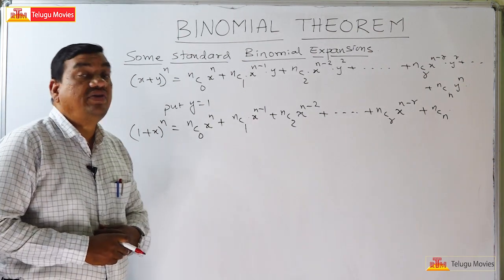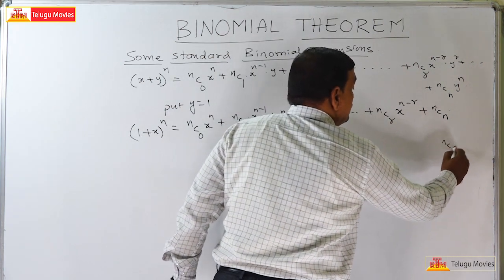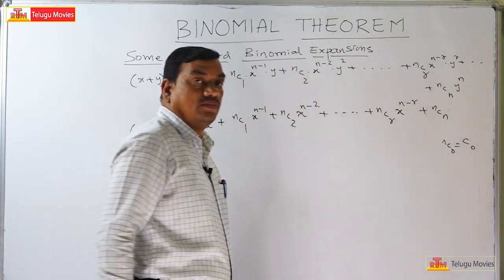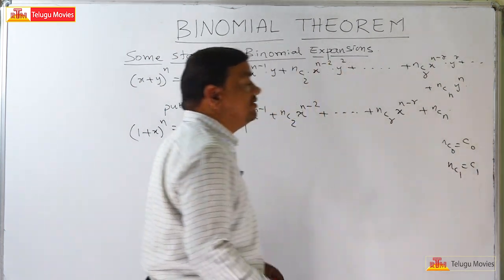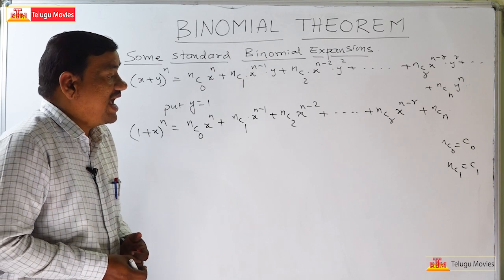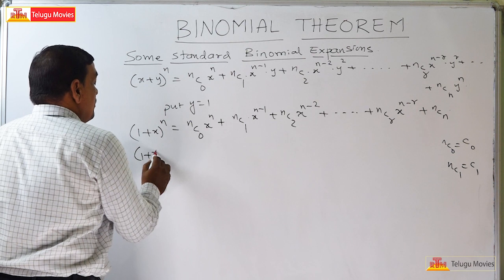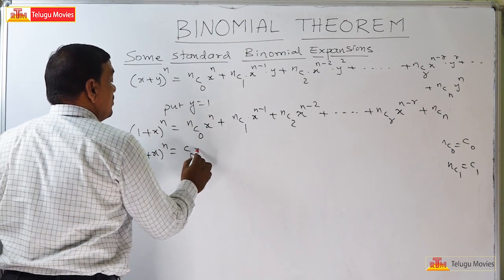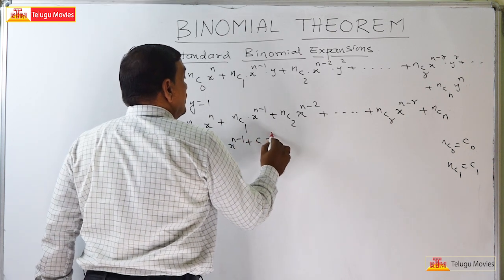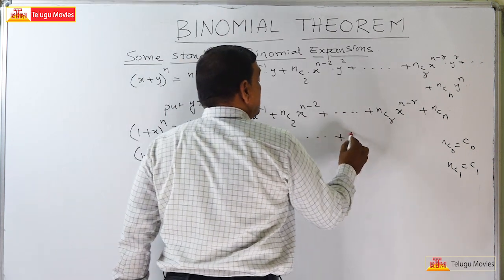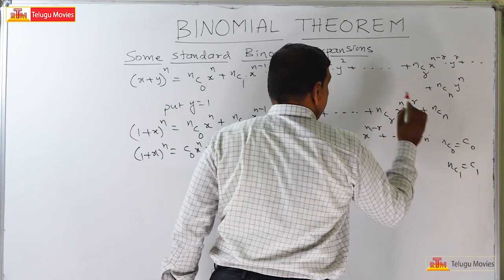For our convenience, from here onwards in place of nC0 we will simply put C0, in place of nC1 we will simply put C1, in place of nC2 C2, that means we just avoid n. Now this expansion of (1 + x)^n is C0 x^n plus C1 x^(n-1), C2 x^(n-2), so on, Cr x^(n-r), plus so on Cn.